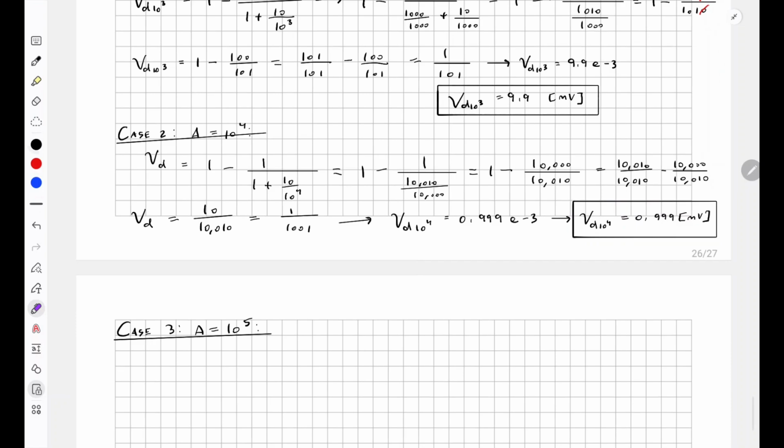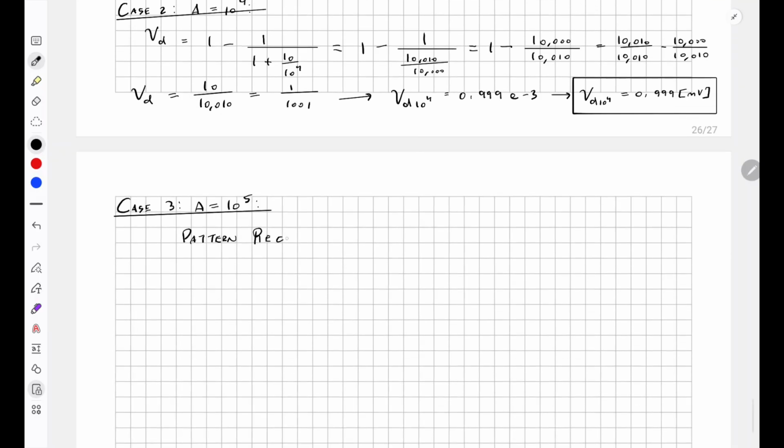So can we infer through pattern recognition that VD of 10 to the 5th, recall the pattern is each time dividing by an additional 10, so now 0.09, and then we add one more digit of 9, so 0.09999 millivolts.